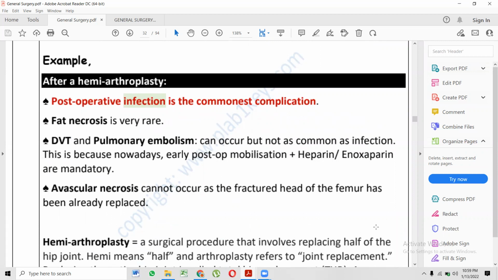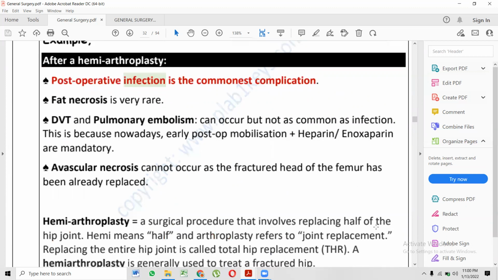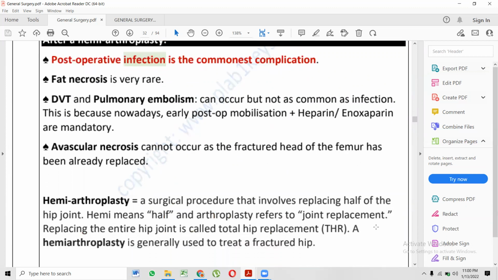The most common complication is always infection. DVT is not common because these days anticoagulants such as low molecular weight heparin or enoxaparin are mandatory.